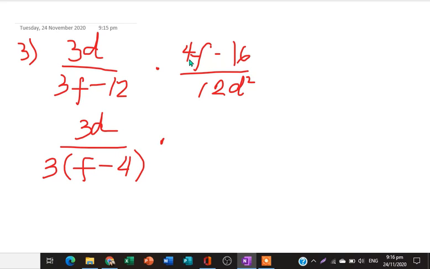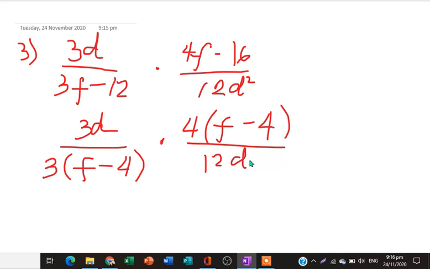Times, we have here 4f minus 16. Again, you're going to use the common monomial factoring. So, the common factor is 4. So, 4f divided by 4 is f, minus 16 divided by 4 is 4, over 12d squared. Okay?